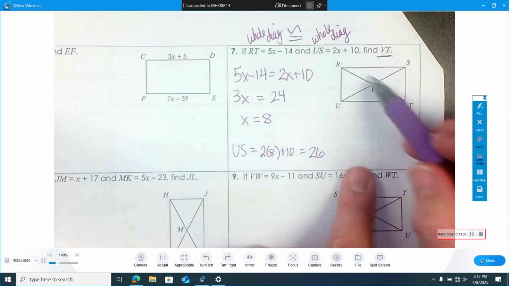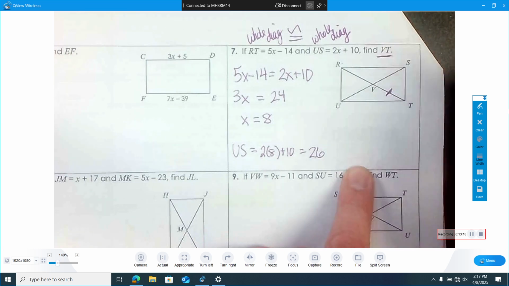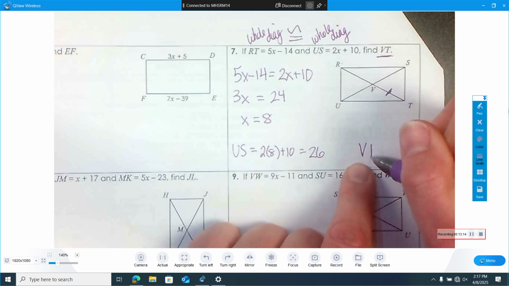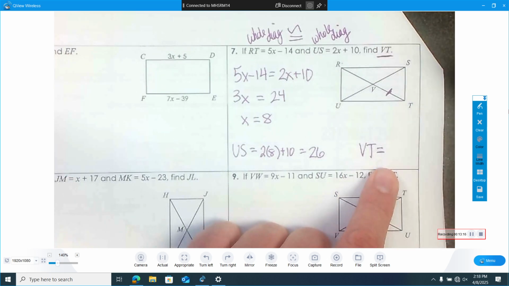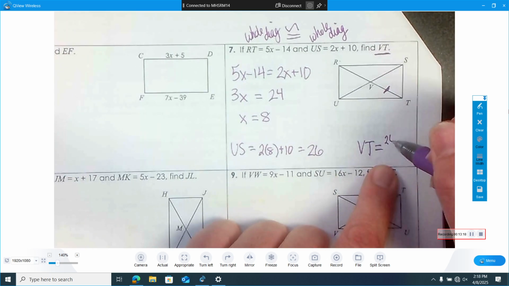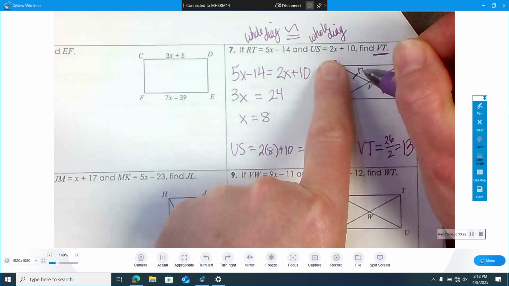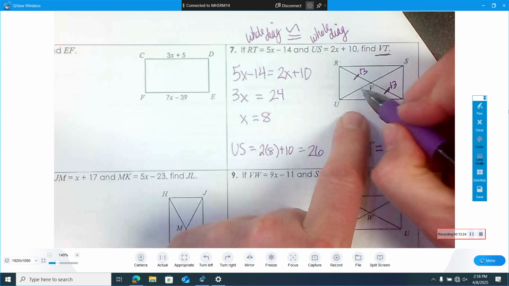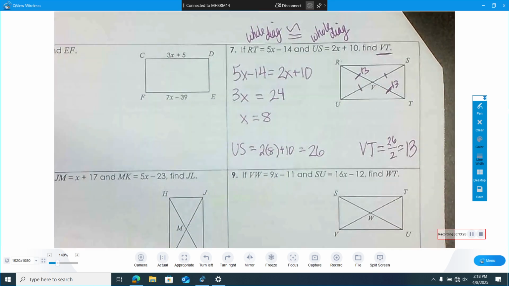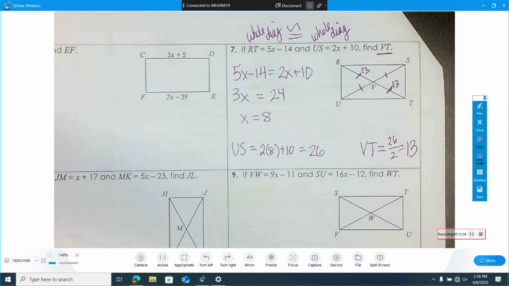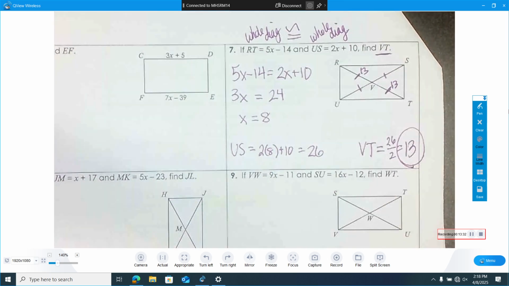So the whole diagonal is 26, which means what's each piece? What is each piece? 13. 26 divided by 2 is 13. So each little piece of these diagonals is 13. And remember, all 4 of those little babies are the same. Okay? All right, so VT is 13 there.